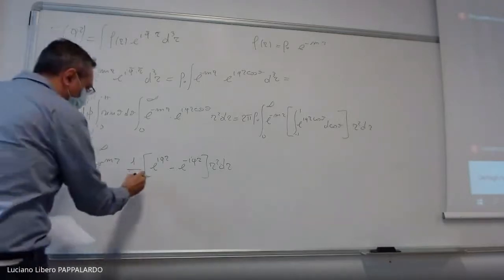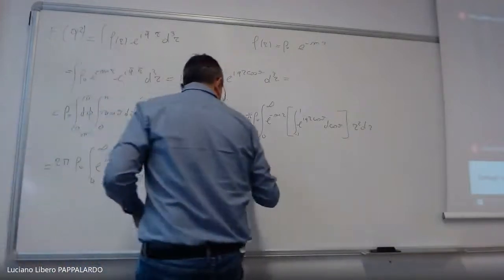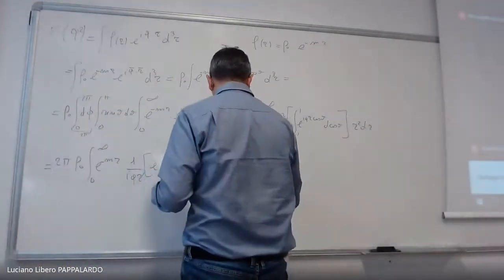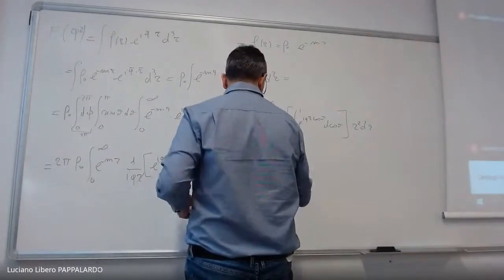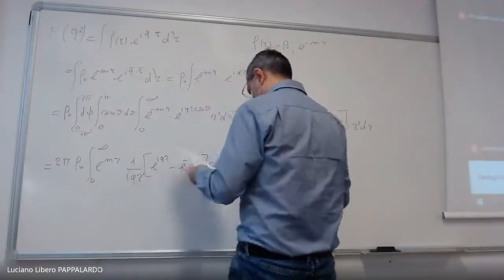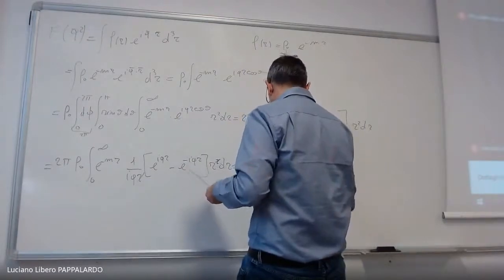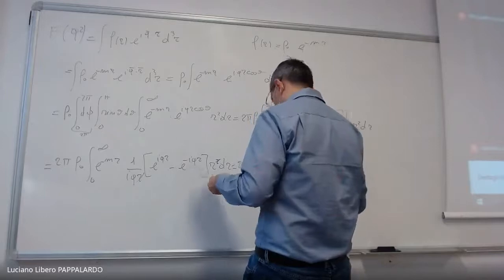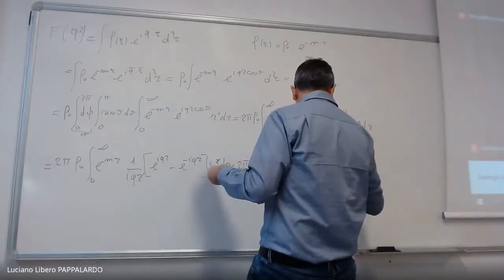You can simplify r and r on the exponential here. So this turns out to be 2 pi ρ0, integral from 0 to infinity of e to the i q r minus e to the minus i q r, e to the minus r, r dr.